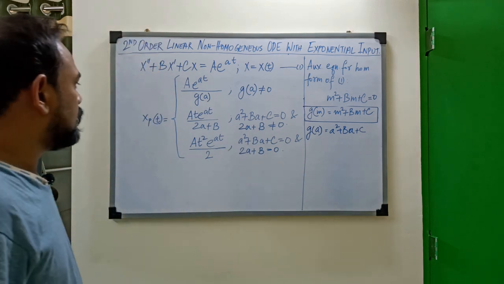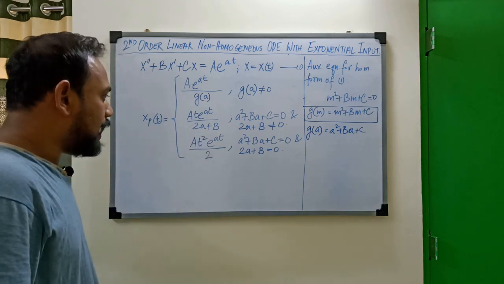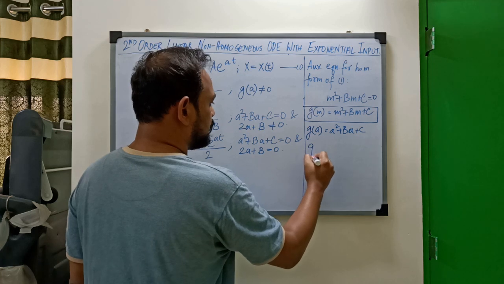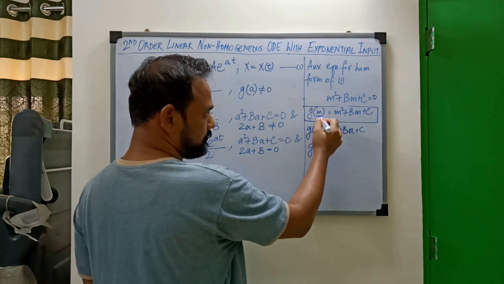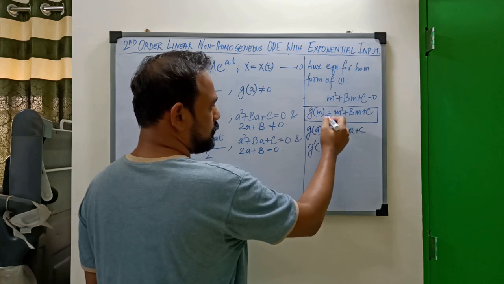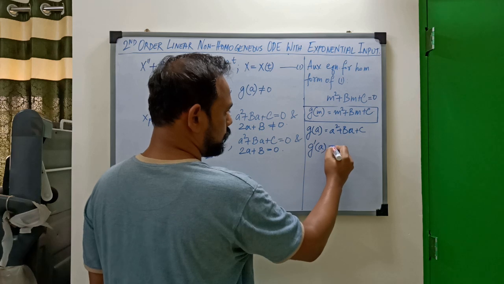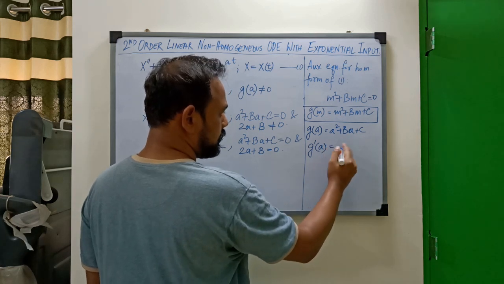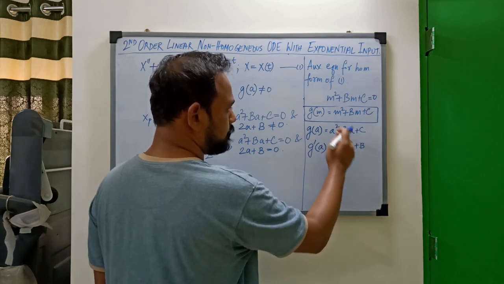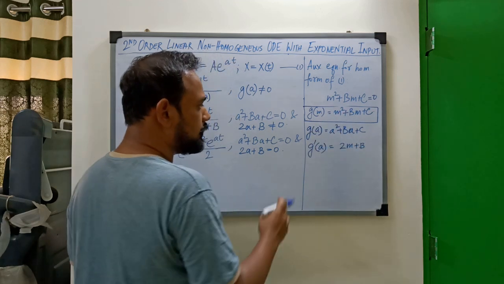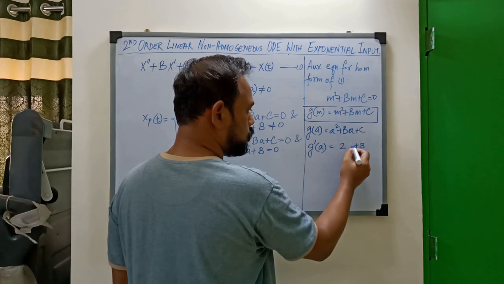Well, what about this one? This is 2a plus b. This is actually g differentiated once with respect to m, of course that's the variable, and you put a. So g differentiated is 2m plus b. If you differentiate this once with respect to m, and instead of m you put a, you get 2a plus b.